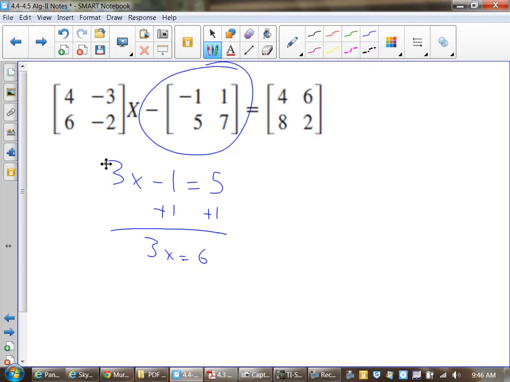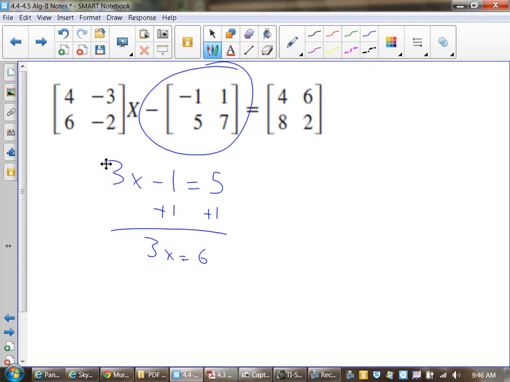And then what? Enter, then enter, enter. That is it.